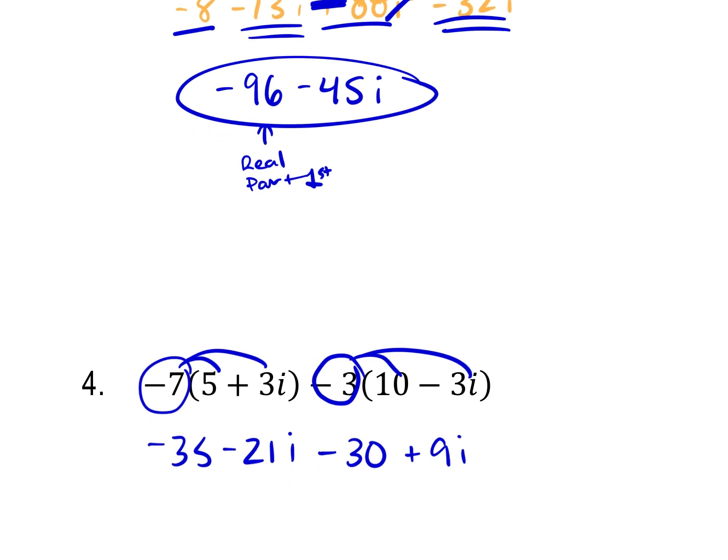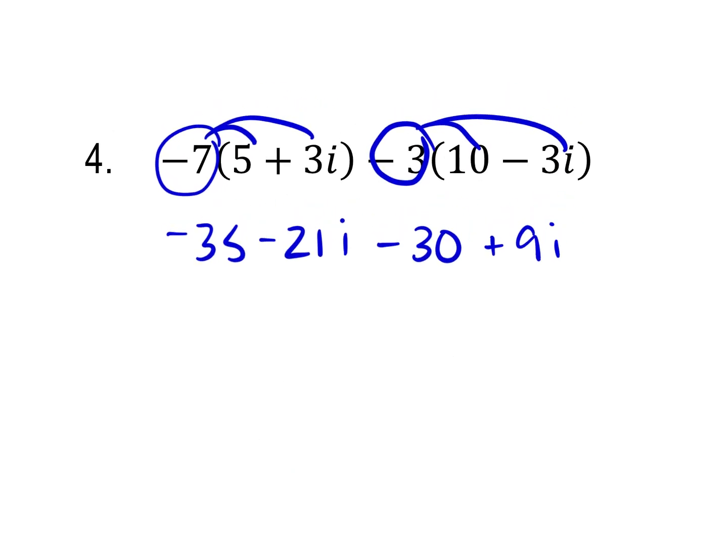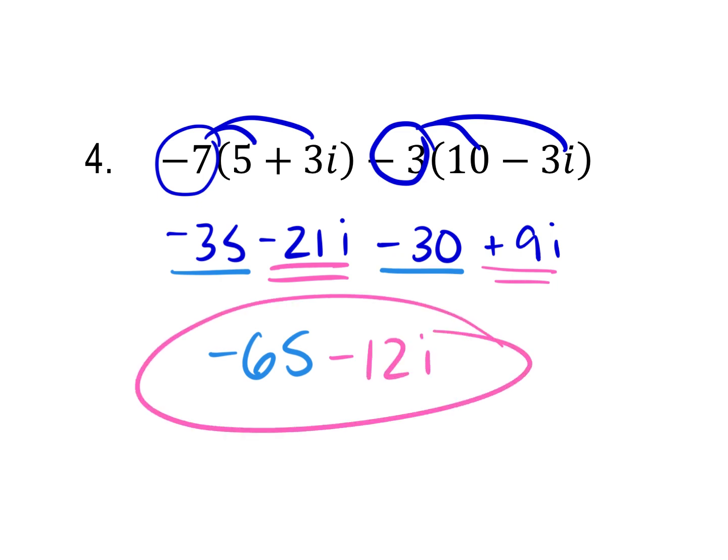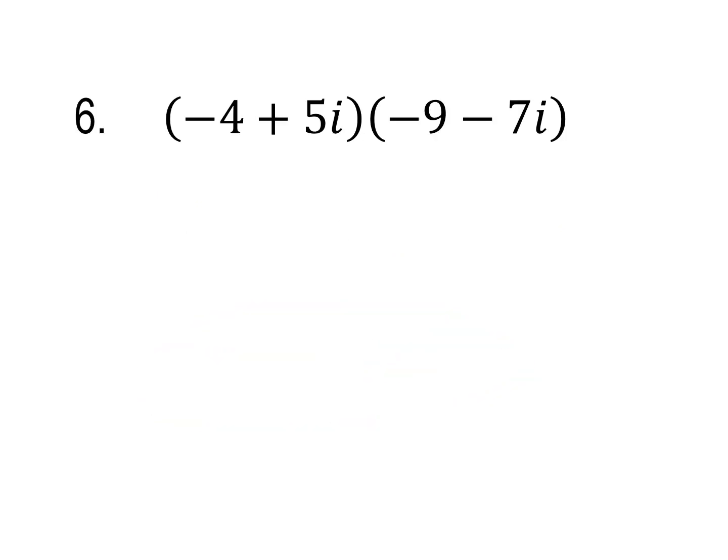What should we do next? Combine like terms. So let's start by combining our real parts together. What's negative 35 minus 30? Negative 65. And then our imaginary parts together. What's negative 21i plus 9i? Negative 12i.